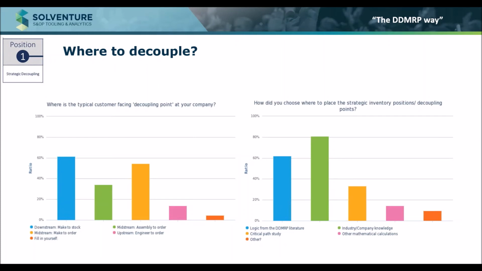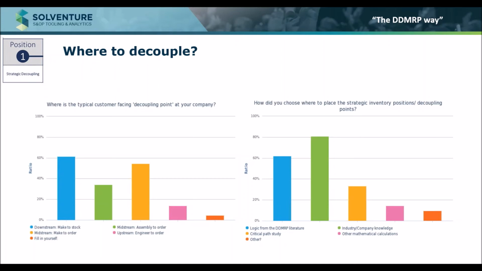But something else that we asked them about the decoupling points was, okay, do they shift after the implementation? And more than half said yes, when we did an implementation, decoupling points tend to shift. So really to make sure that we can identify where to decouple and whether there are mathematical methodologies to do this.